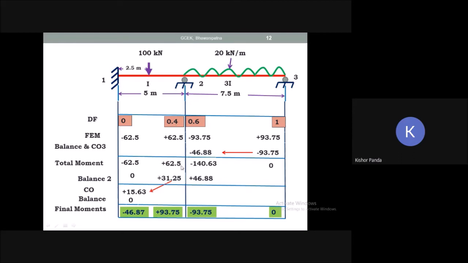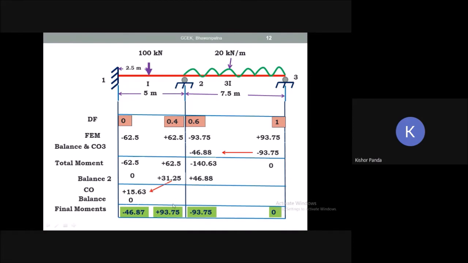Similarly, the unbalanced moment you got at joint 2, you multiply with 0.6 and put the opposite sign here. The sum of these two moments is equal to the unbalanced moment. Here this is positive and the unbalanced moment is negative. This should be the same. And at the simply supported end, this is already balanced.